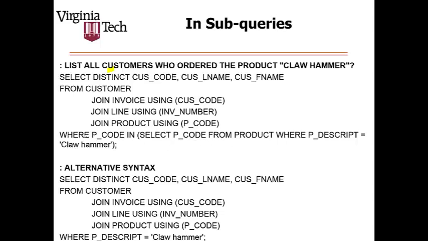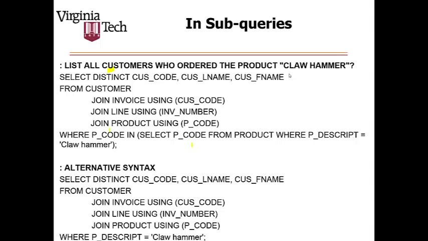So then we say where the P code, the product code, is in this list, and the list comes from the product table: select the P code from product where the P description equals claw hammer. And so this is going to be a list of P codes, and then our question will be, is the P code for this instance of product in that list? And if it is, give me this information from customer.